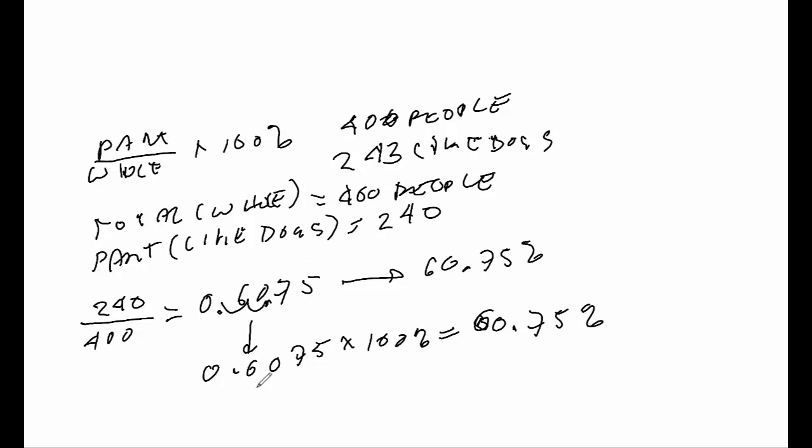So again, either way you do it is fine. Moving over the decimal point is a little bit quicker, but it's a little bit clearer when you just multiply it by 100%.